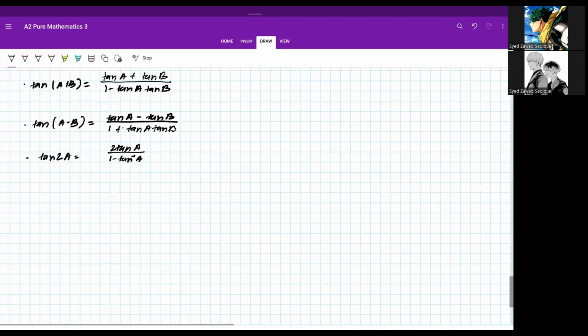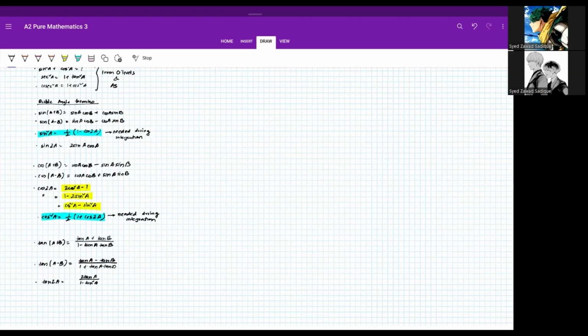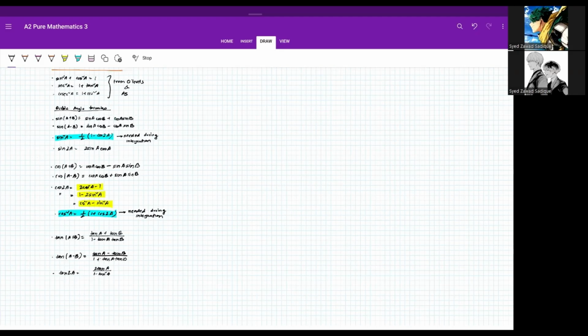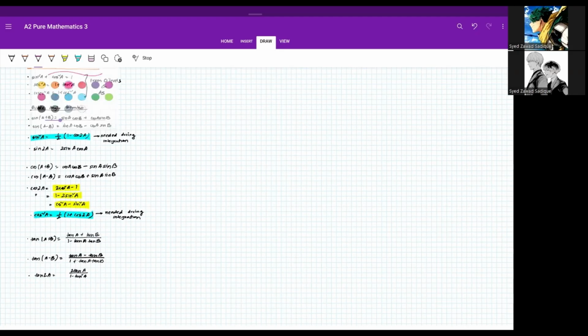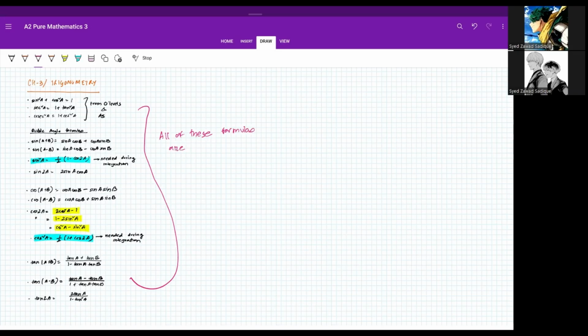Now, do you guys want to know something funny? All of these formulas are given in your data booklet.